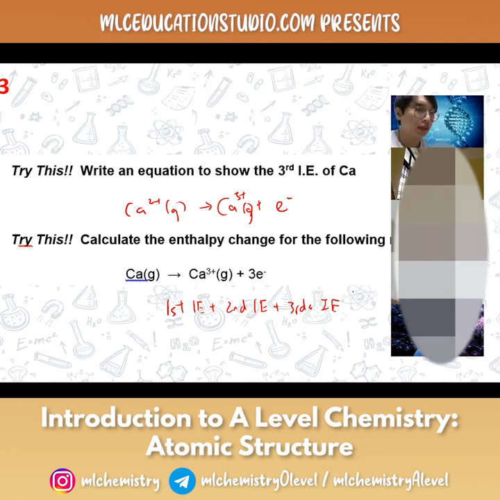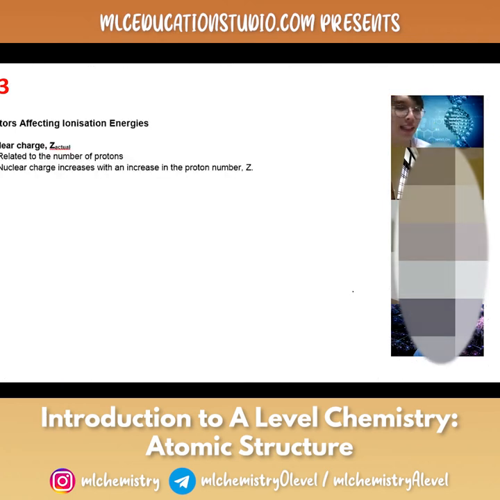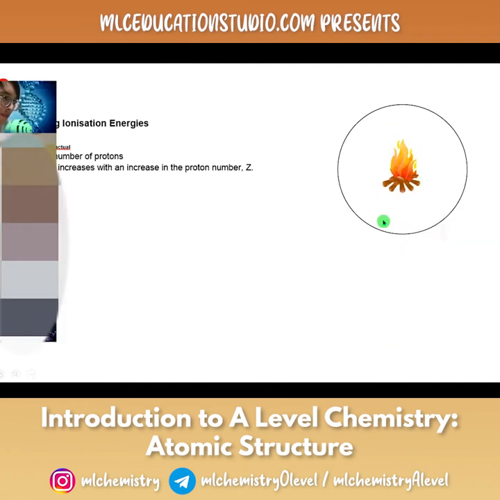Now let's look at the factors that affect ionization energy. In general there are only two factors, which are your nuclear charge and your shielding effect. Now, what is nuclear charge? Nuclear charge refers to the number of protons. The larger the number of protons, the higher the nuclear charge. I'm going to give you an analogy. Think of it as a campfire.